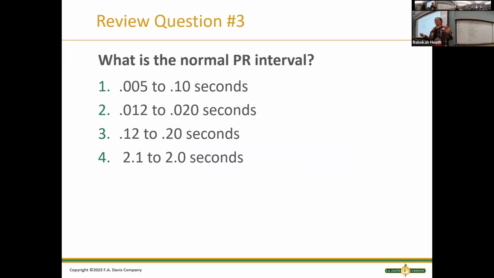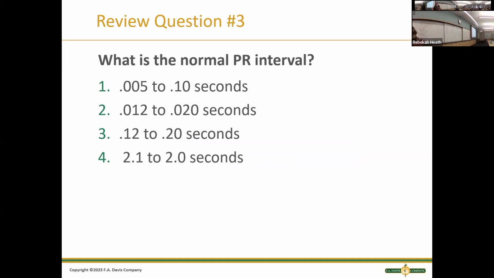All right, so PR interval. What are we measuring when we're looking at the PR interval? Yeah, how long. Remember, how long does it take for this signal to get from the SA node down to the ventricles, which is beginning to beginning. That's our PR interval.